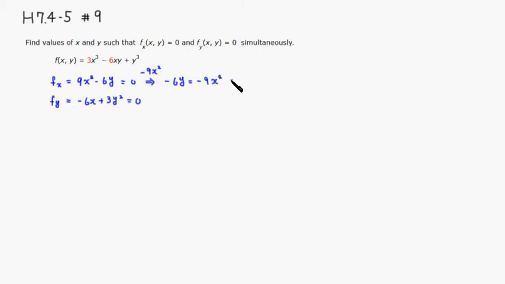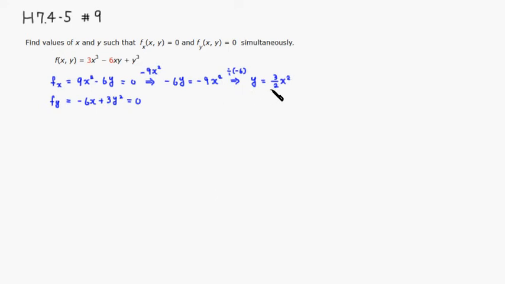Then we're going to divide through by negative 6 so that we can isolate y. The negatives cancel out, so it's going to be 9 over 6, which simplifies to 3 over 2, x squared.